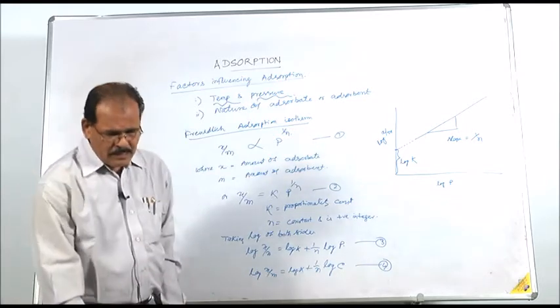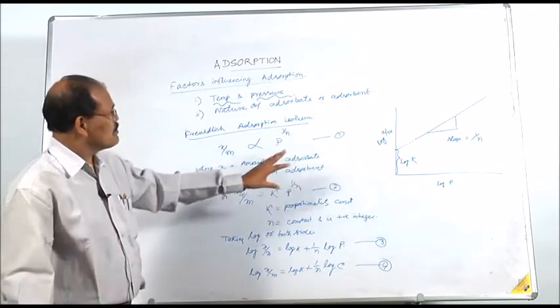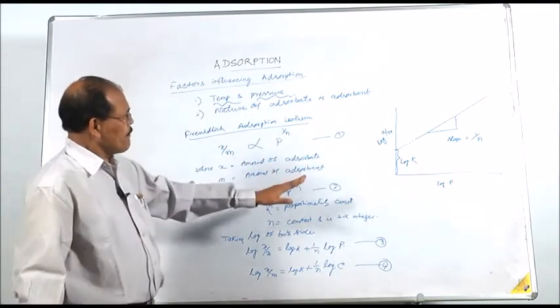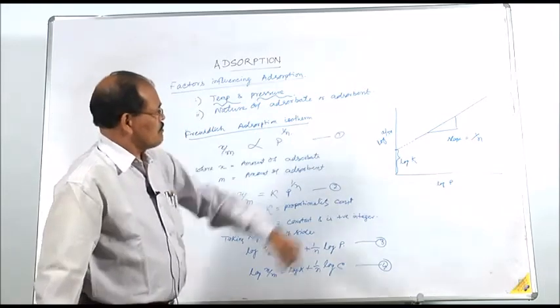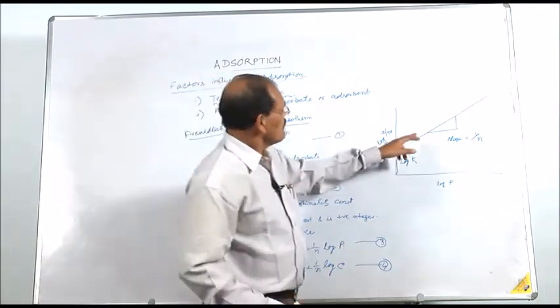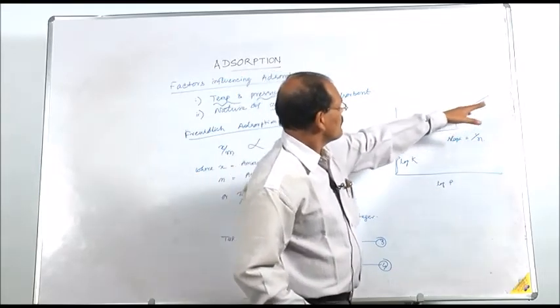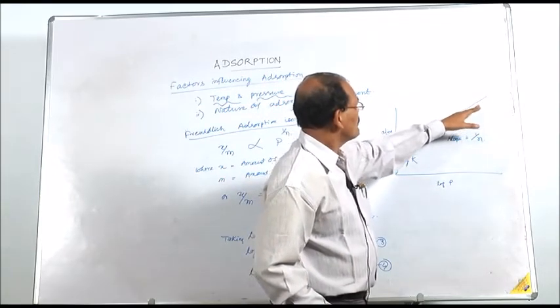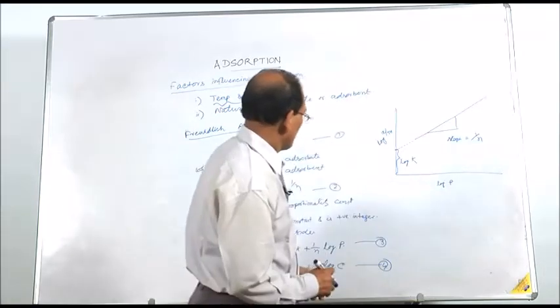But in actual fact, this experimental observation shows that if pressure increases, there is a deviation of this curve. Deviation of the curve means this straight line is not giving a proper straight line, but at high pressure it gives a curve.